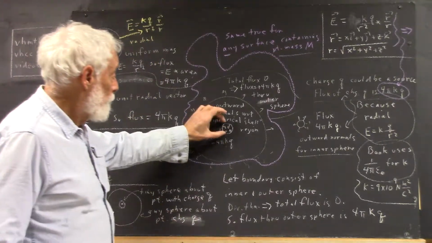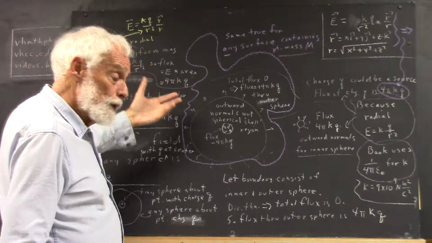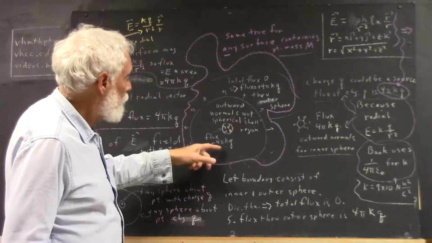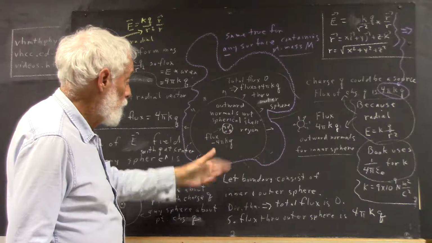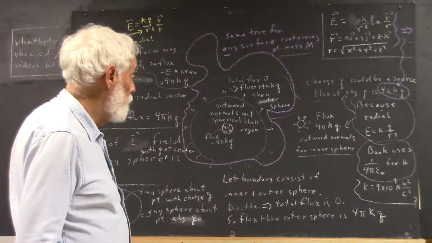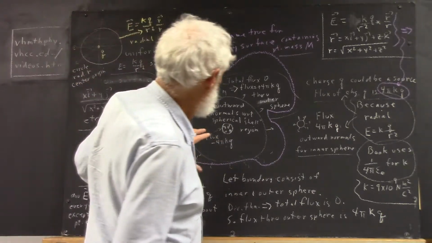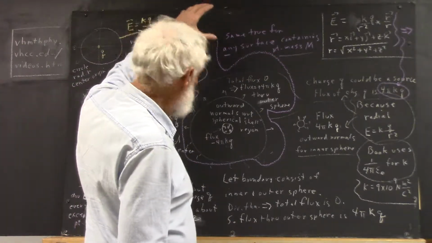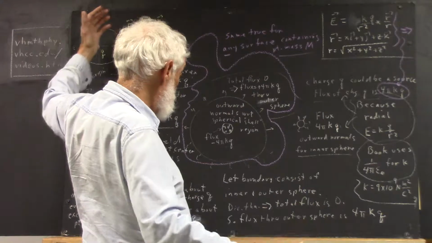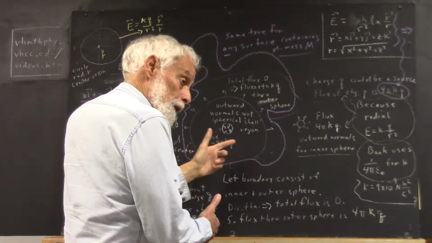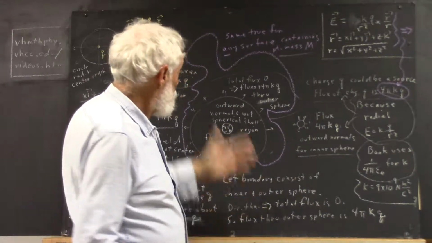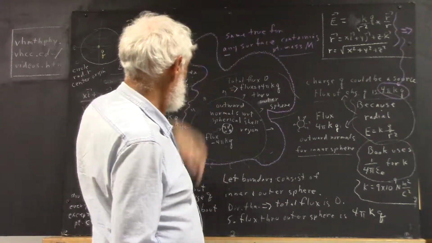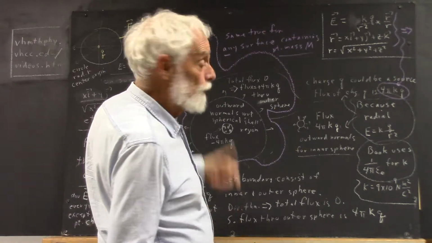Okay, so between here and here, we don't have the charge, so divergence is 0 everywhere here. So, again, the flux through this tiny sphere is negative 4 pi kq. The flux through the entire region consisting of this outer blob and this inner sphere is 0, so the flux through the outer blob is 4 pi kq. That's Gauss's law.